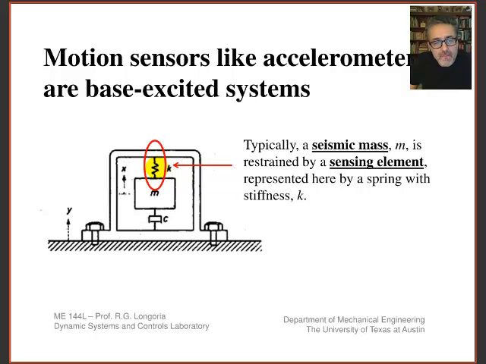That deflection is what directly excites some type of fundamental sensing mechanism. And I want to show you a few of the most common types of sensing elements used in accelerometers shortly. But remember, they work based on compressing those, and these could be different types of elements, materials, and so on. And we represent it by an ideal spring because it has some stiffness, and it may also have some damping.